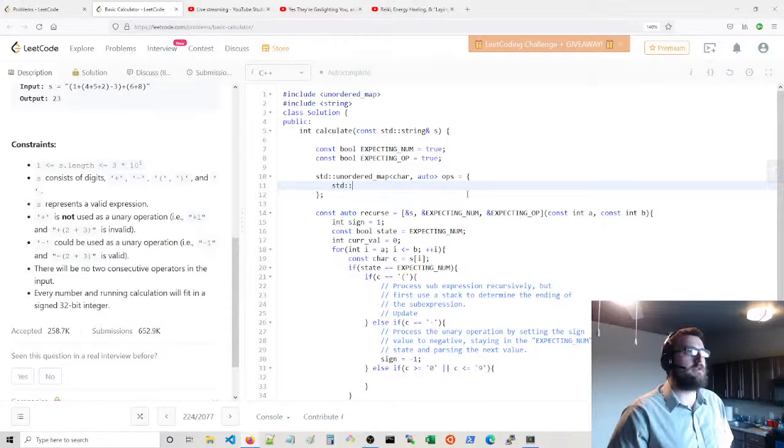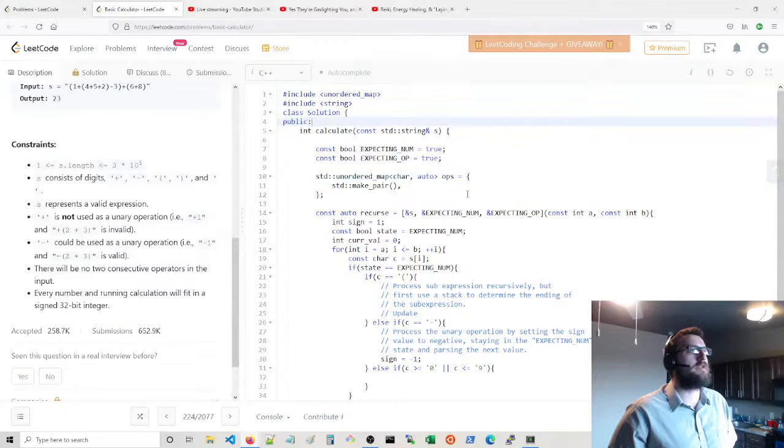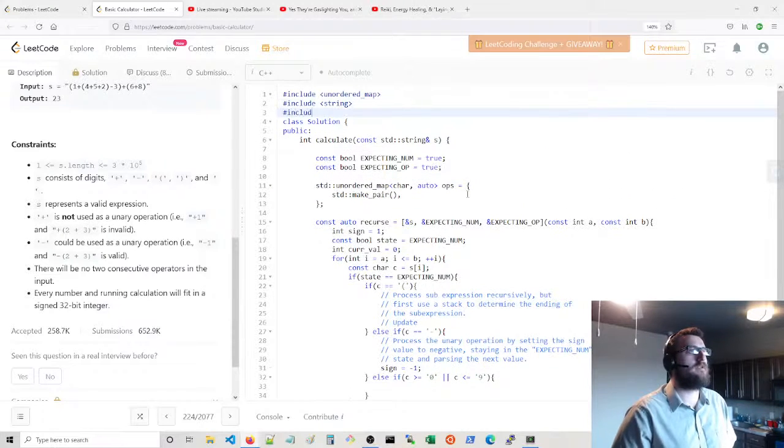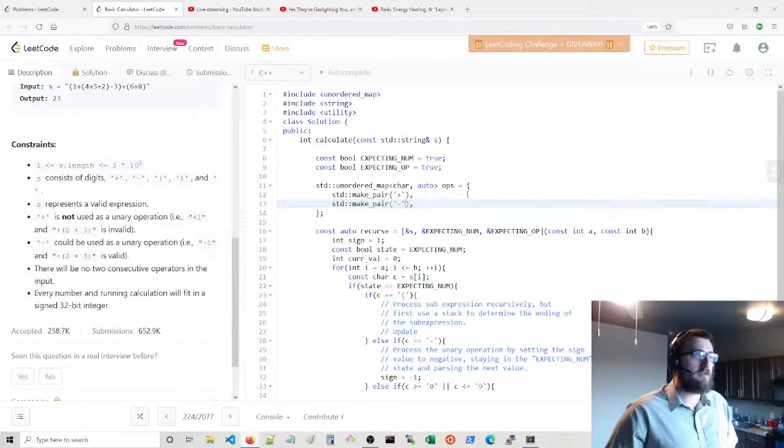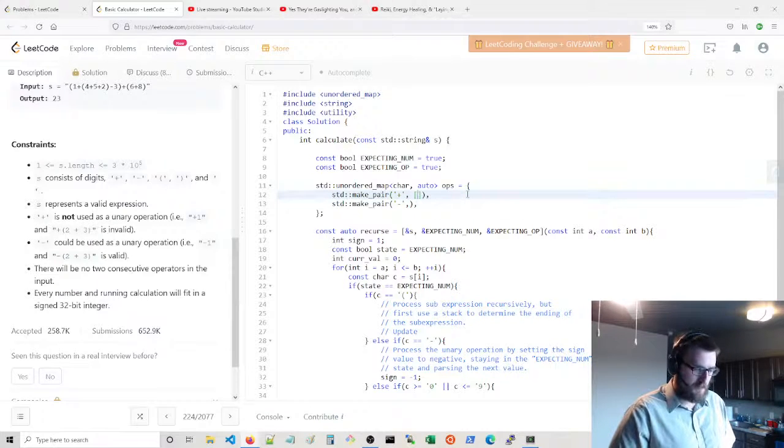We're going to have std::make_pair, a utility for the pairs. So we have, not parentheses, that's not an operator, we have plus, and we have minus. I think these operators themselves don't necessarily need to use lambda expressions, but we're going to, just because it's simple enough to do that.